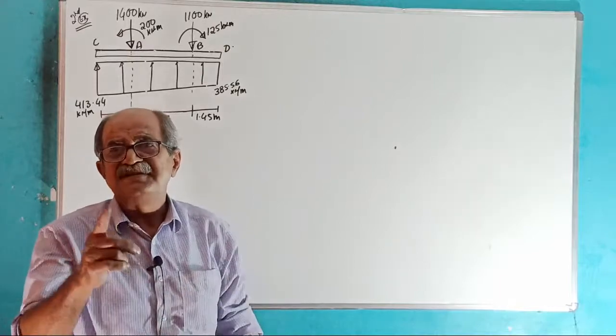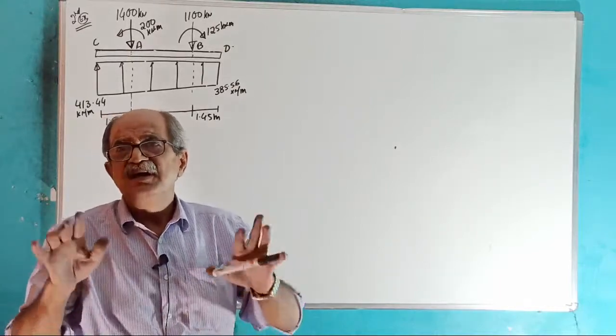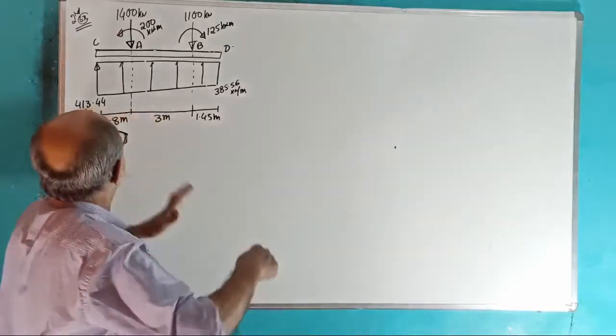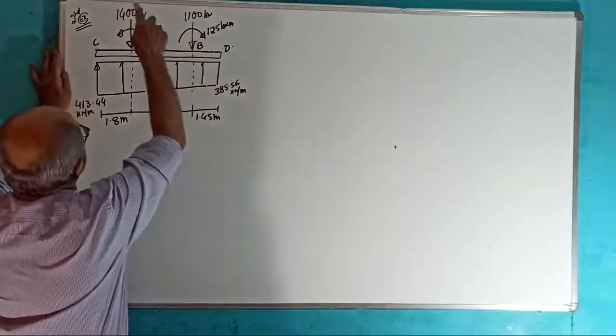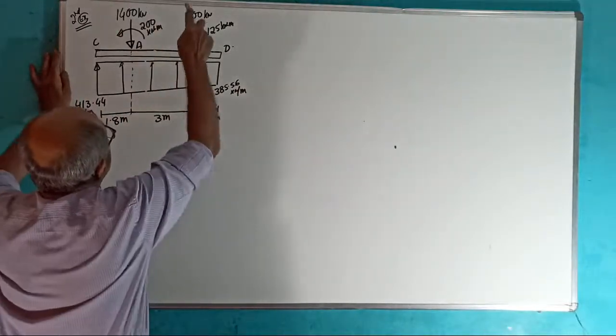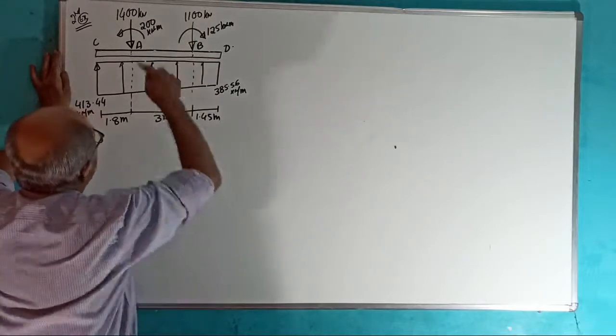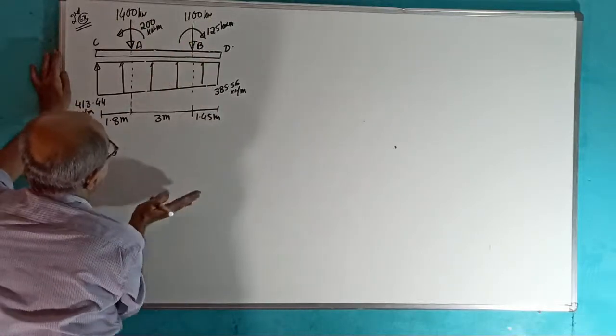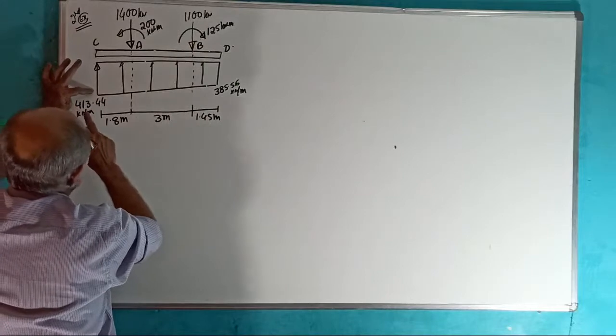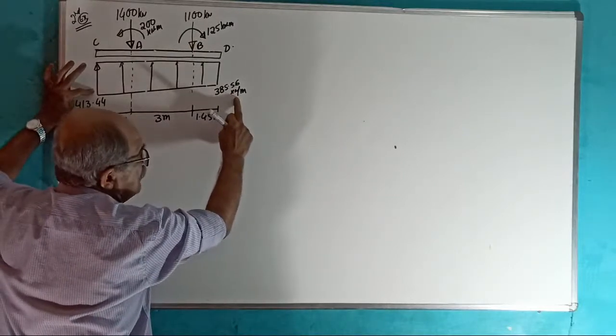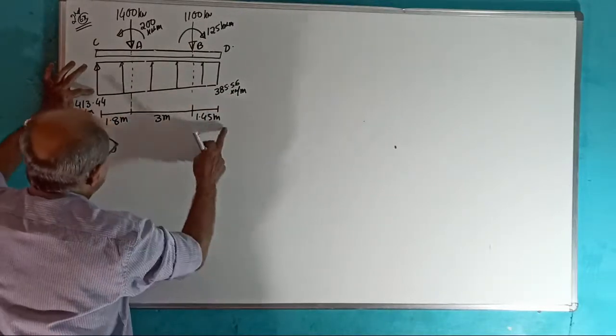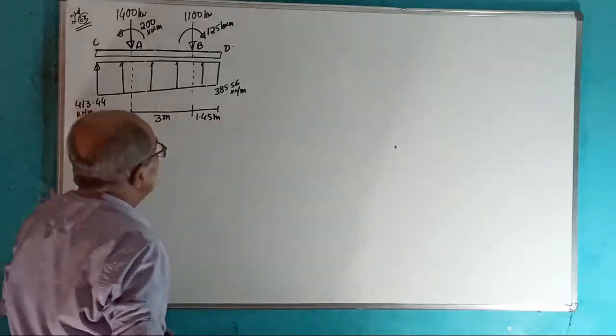Still, for understanding purpose, those who want, take your calculator. Start. Sigma V: 1400 down, 1100 down, and plus 413.44 plus 385.56 divided by 2 into 6.25. Tell the answer.